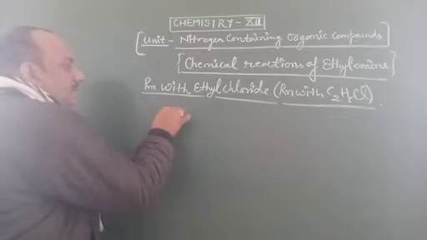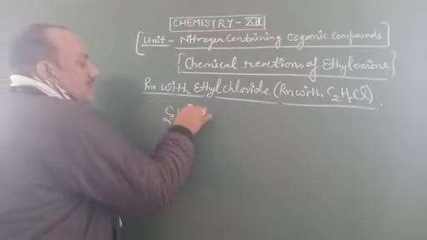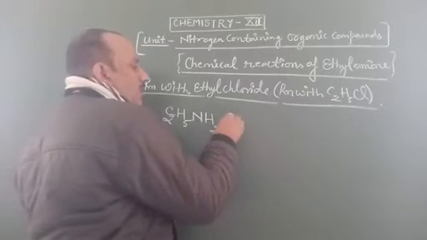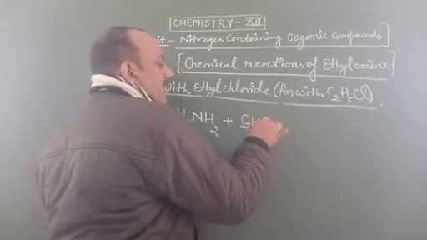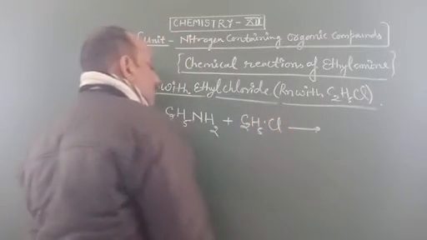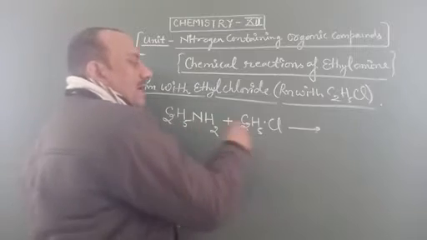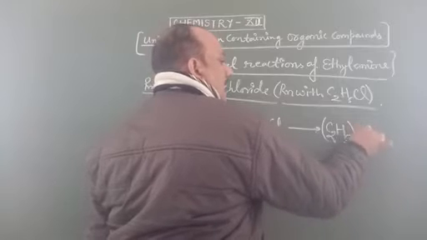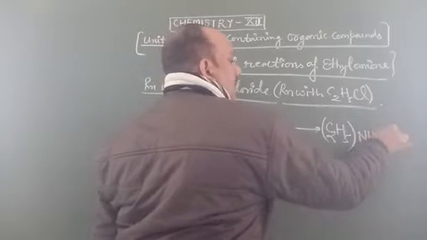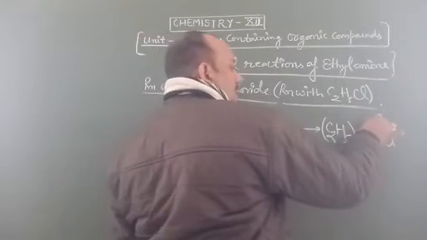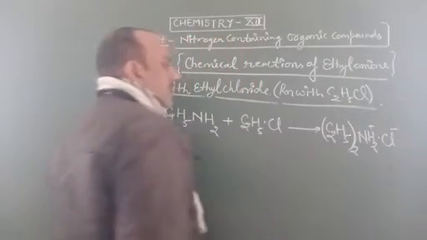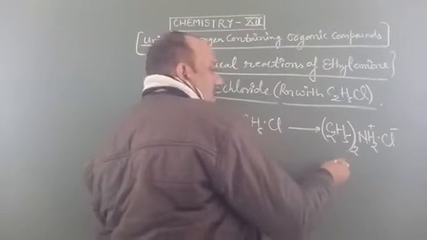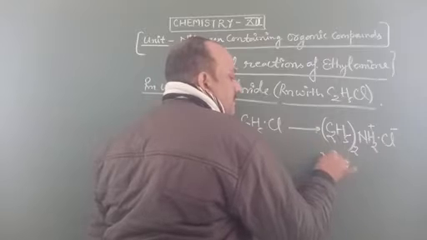C2H5NH2 reacts with C2H5Cl to form (C2H5)2NH2Cl. This entity is a positive ion and Cl is a negative ion, an anion. This one is known as diethyl ammonium chloride.